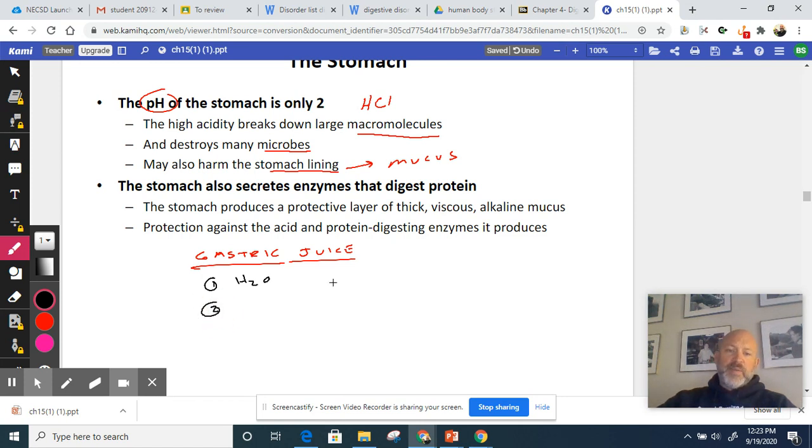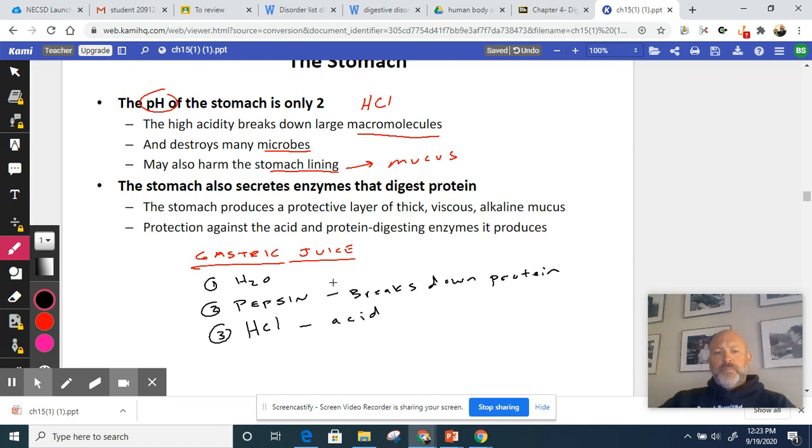There's an enzyme that breaks down proteins, which is called pepsin. The thing about pepsin, even though it breaks down proteins, it doesn't work unless it's in a low pH. So we provide it with a low pH. We provide it with hydrochloric acid. Without this acid in the stomach, this pepsin wouldn't work, right?